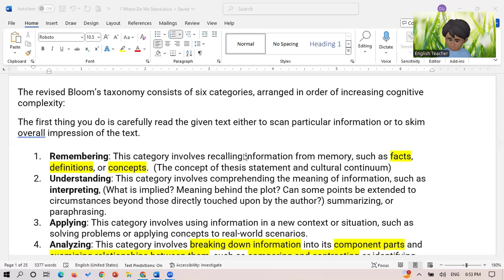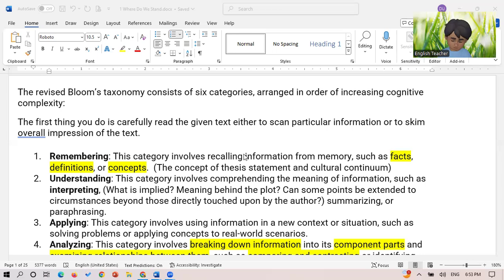So when we say reading an essay, the first thing that comes is reading, R-E-A-D, read. So the question is, how do we read? Let me talk here about Bloom's revised taxonomy. It's about learning, about thinking, about cognitive ability, how we learn.